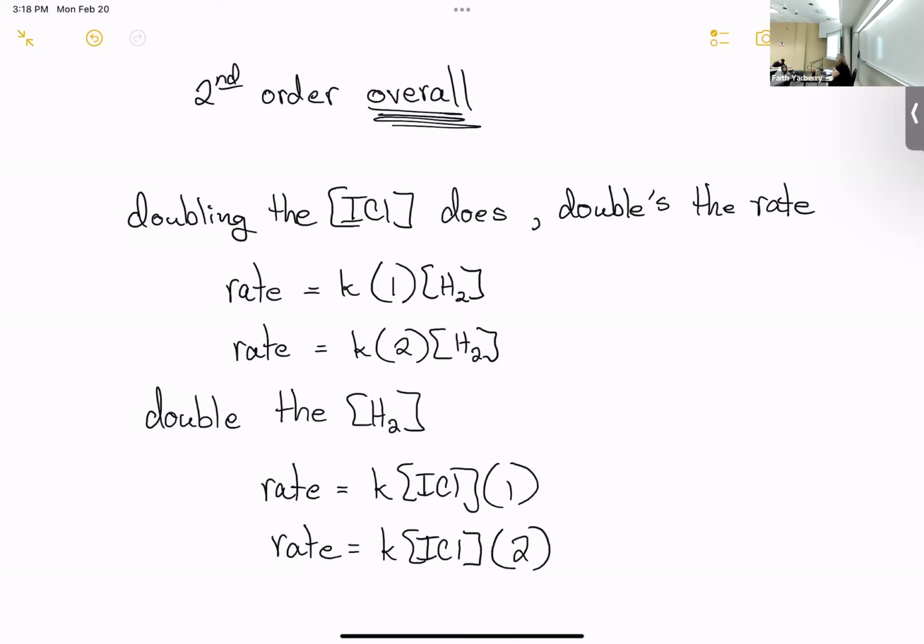What does it do by itself to the rate? It doubles it. In other words, folks, there's really no secret. When we did the graphing lab, I said, if it's first order and you double it, what happens to the rate? It goes back to the math.